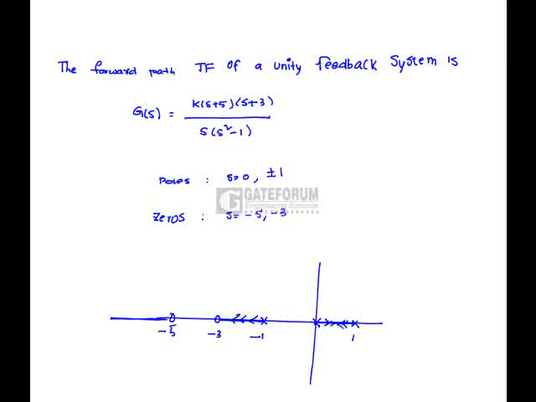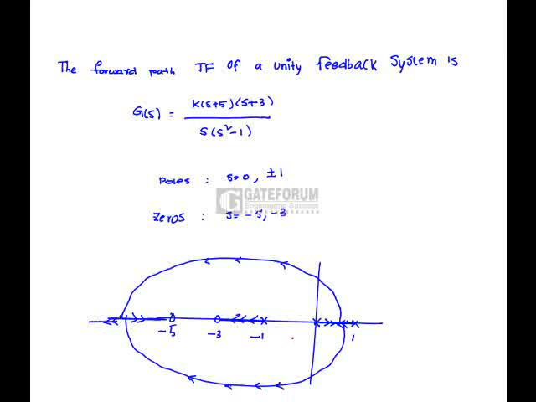There is one breakaway point as well as one break-in point. So the root locus is exactly symmetric about the real axis of the S-plane. So this is the root locus corresponding to this forward path transfer function.